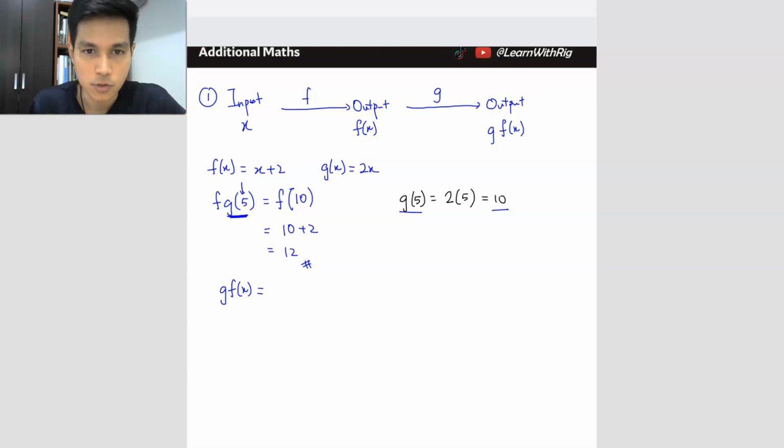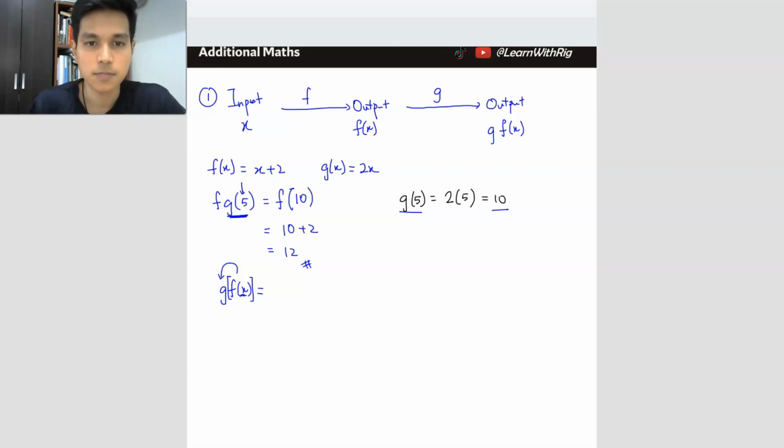So what you're going to do is take this entire f(x) function and substitute it as an input into the g function. You take the whole thing, because you have no value here, so you cannot do what we did before. We cannot find a value, so you have to do the longer method.